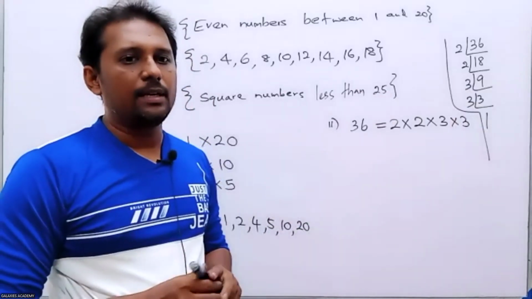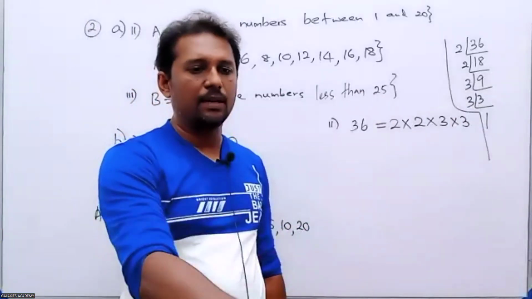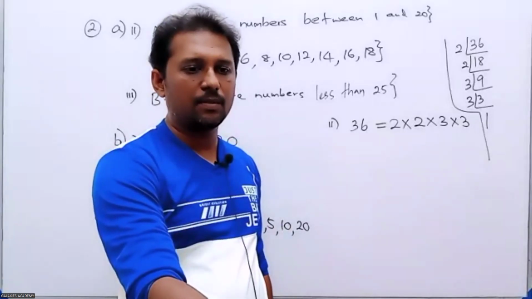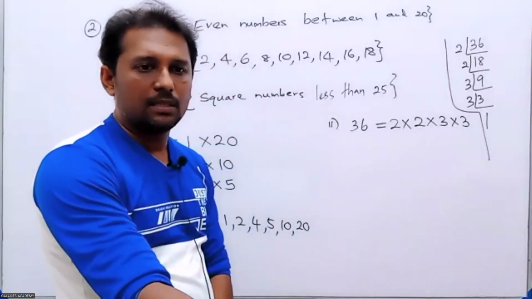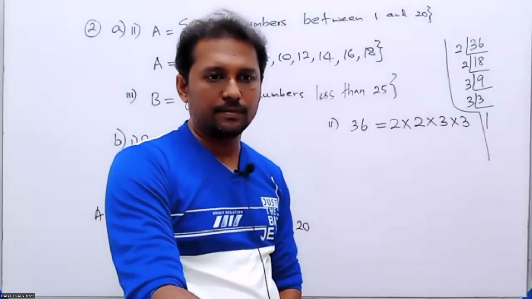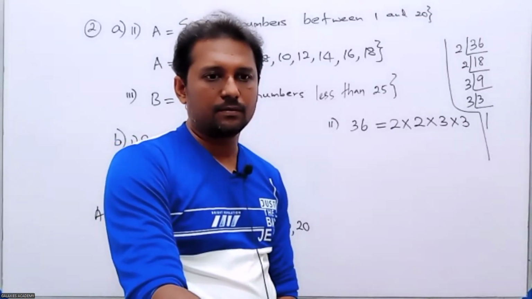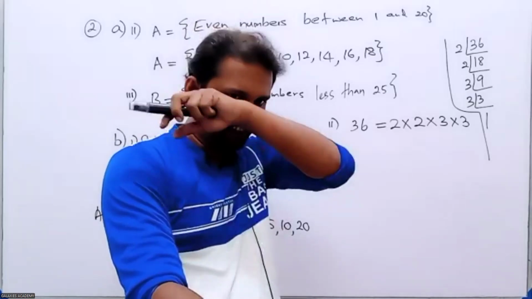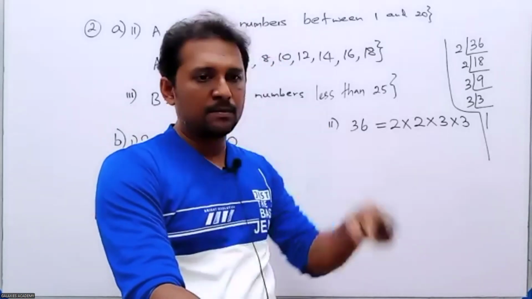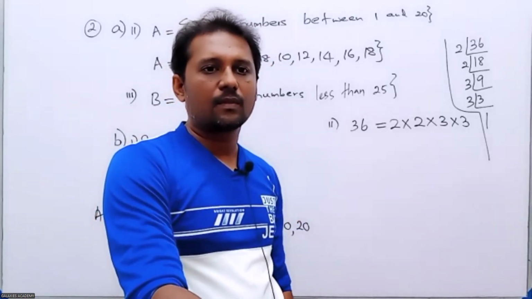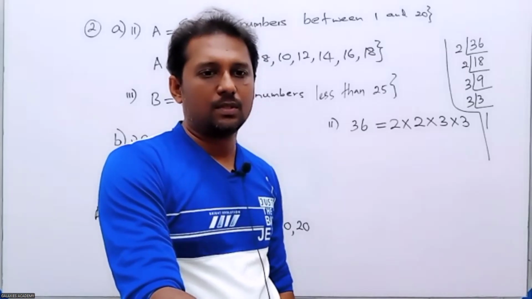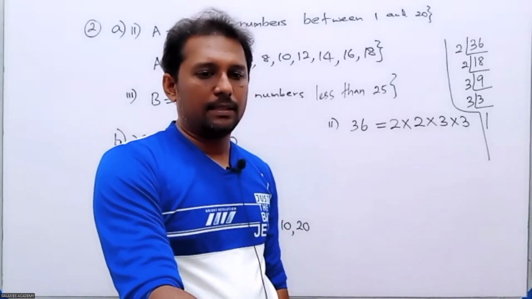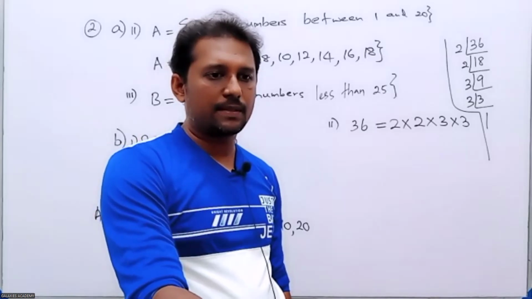You only have to write the product. You do not need to write the powers, no? The index form is not needed because the question does not ask for it. Right. Then the last part of this question.